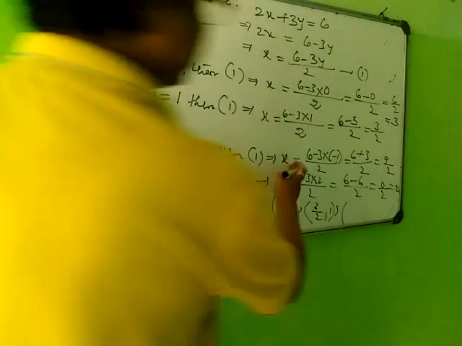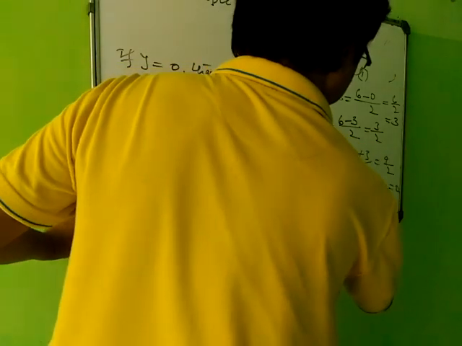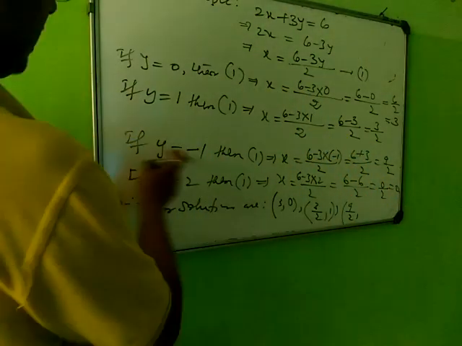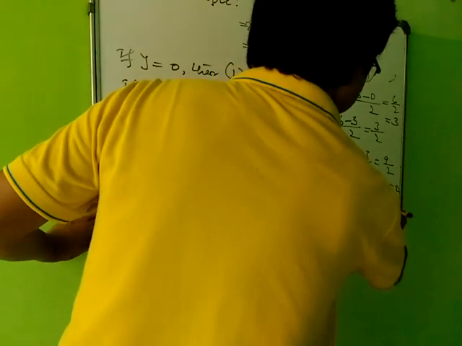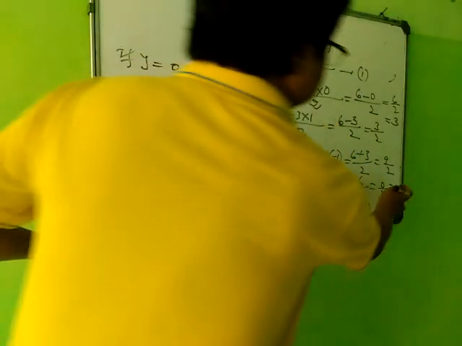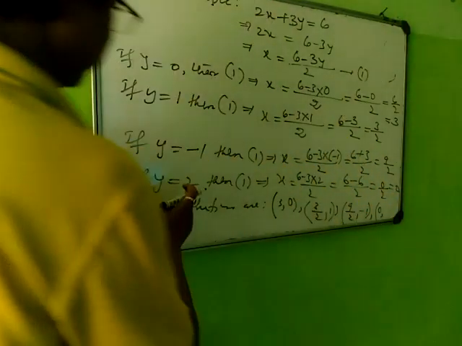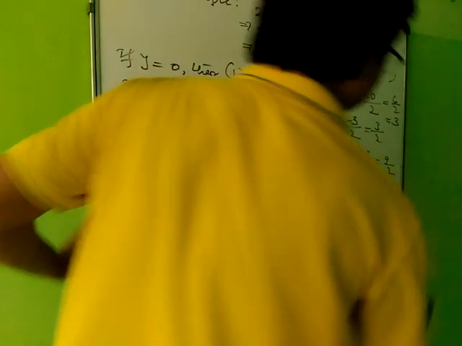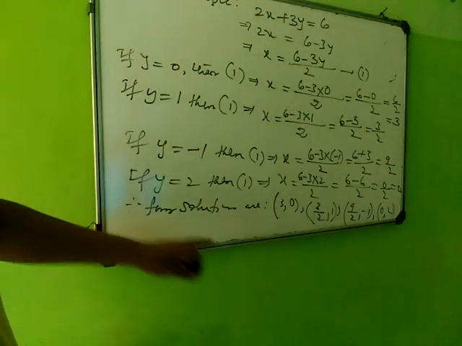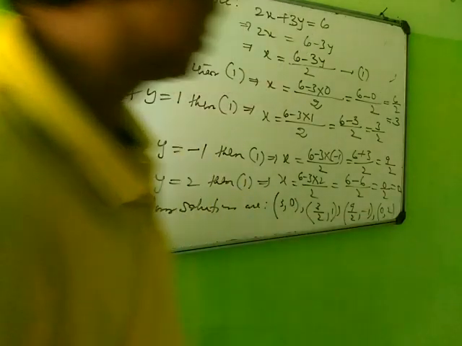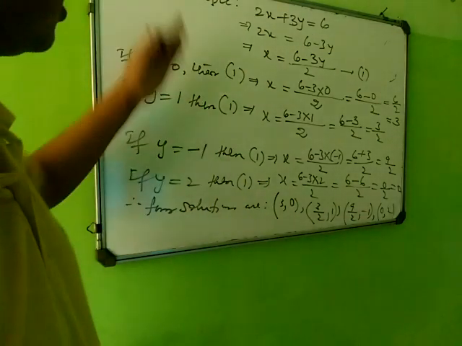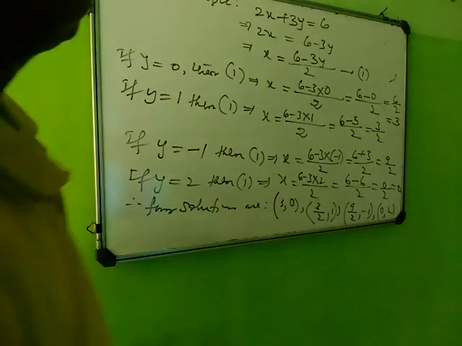Then x is 9 by 2, y is minus 1. Similarly, x is 0, y is 2. So that way you have got 4 solutions. It is very simple, the process will be the same.